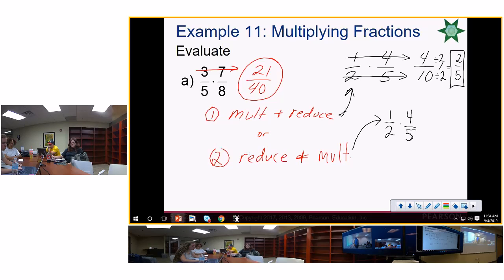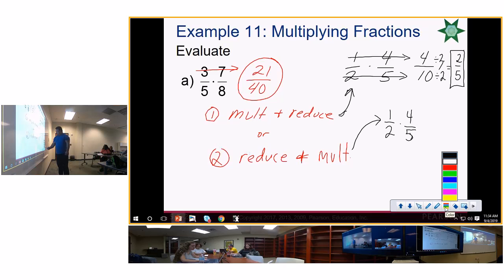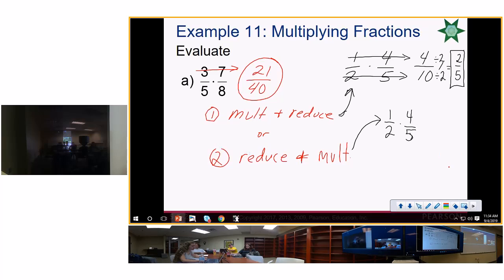And I'm going to take my handy dandy red marker, and I'm going to, what is 2 and 4 are even, aren't they? So 2 will go into 2 one time, 2 will go into 4 2 times, 1 times 2 is 2, and 1 times 5 is what?